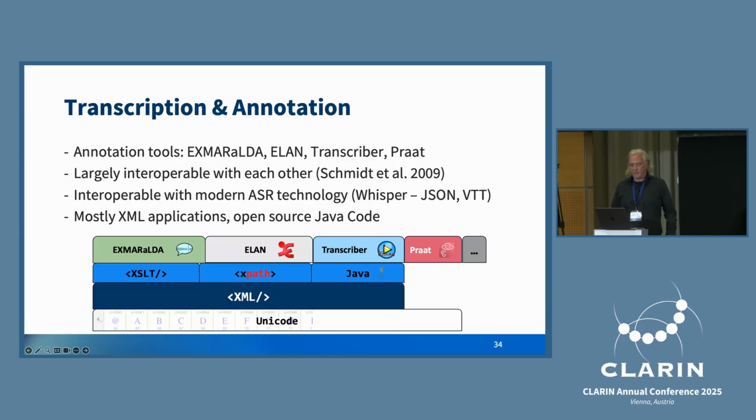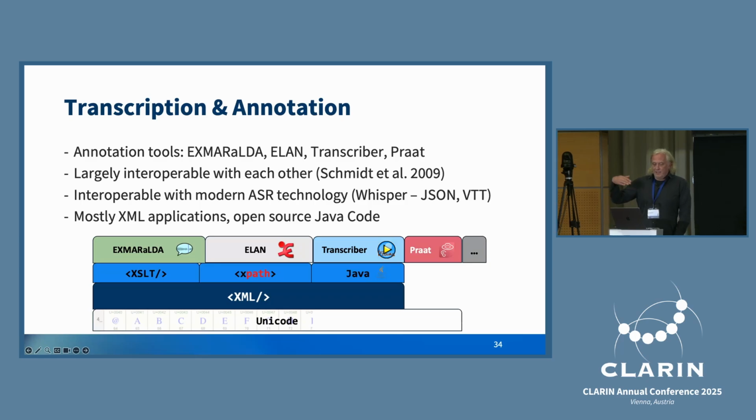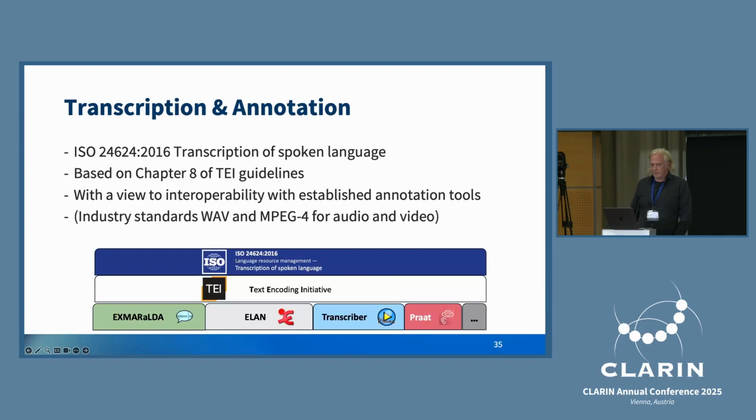So this is the first thing where the output formats of the annotation tools are built on top of XML technology, which of course is built on top of Unicode standardization. And then we have an additional layer on top of this, which is the ISO standard on transcription of spoken language, which itself is based on Chapter 8 of the TEI guidelines, and which has been developed with a dedicated view to interoperability with established annotation tools.